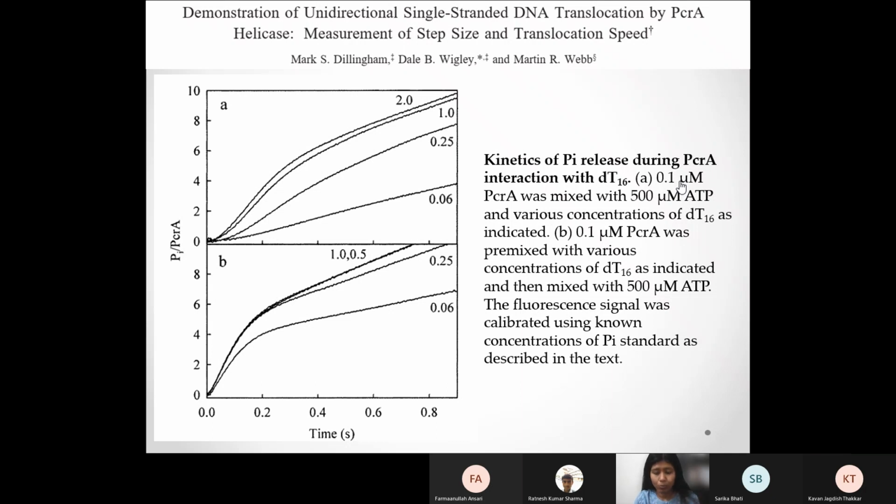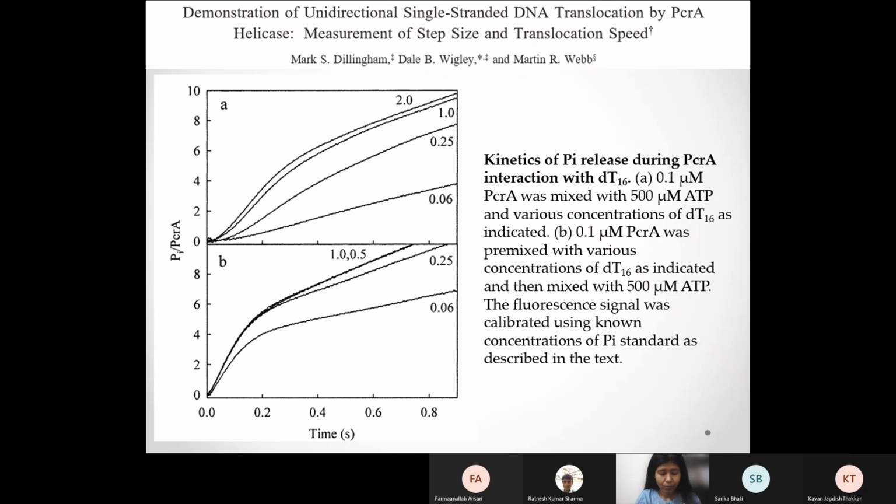They were using a chemical reaction which couples the released inorganic phosphate to produce a fluorescent moiety. So they are measuring the amount of fluorescence emitted, because the inorganic phosphate released is being used up to produce this fluorescent molecule. In this manner, they were able to track how much inorganic phosphate is released.